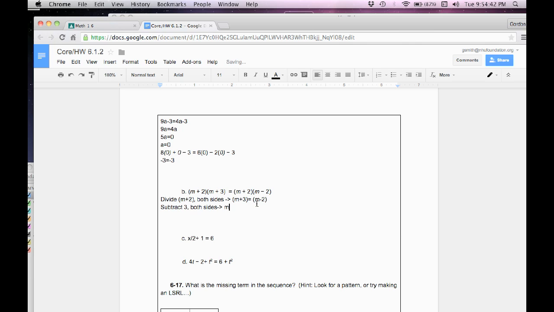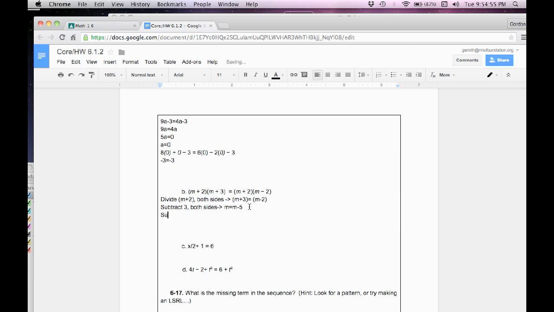That leaves m on the left side equals m minus 5 on the right side because I subtracted 3 from both sides. Now I'll just subtract m from both sides. Why not? And what that gets us is 0 equals negative 5. And you're like, no, 0 does not equal negative 5.